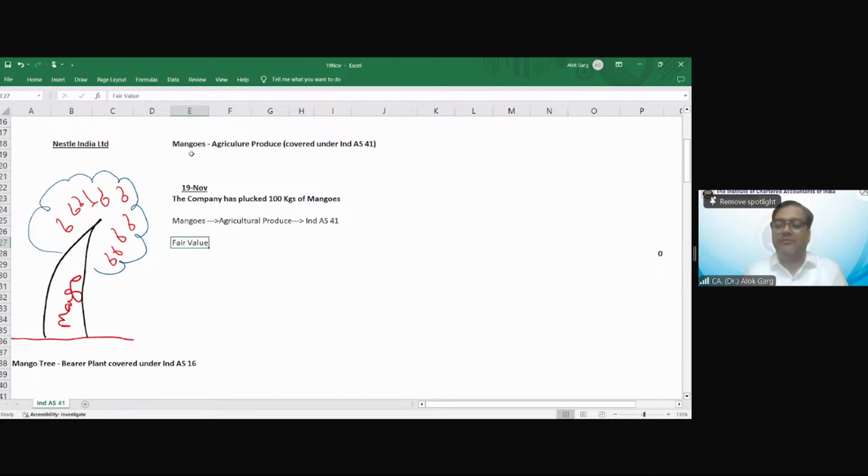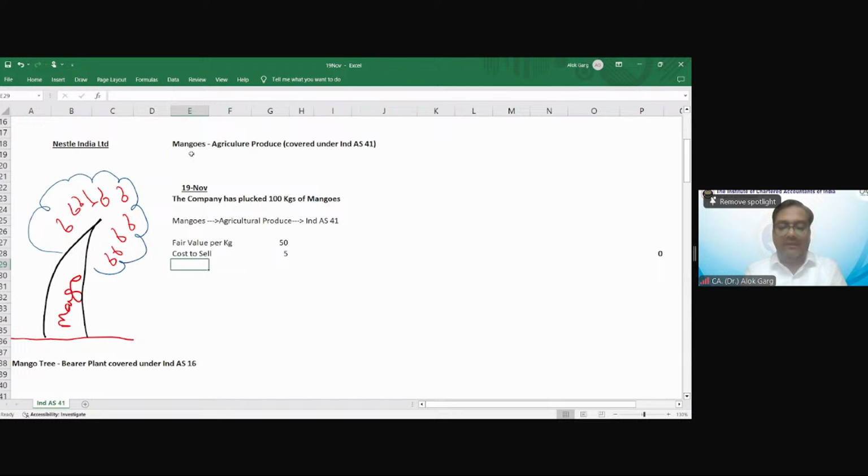So fair value. What is the fair value per kg of mangoes? For example, fair value per kg of mango is 50 rupees per kg. Let's say cost to sell is 5 rupees.